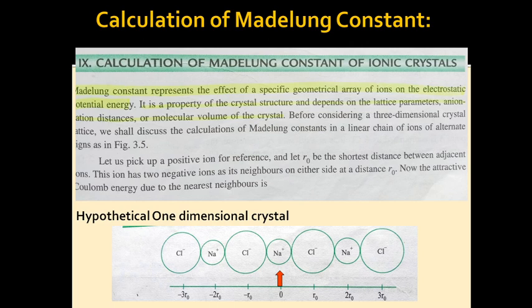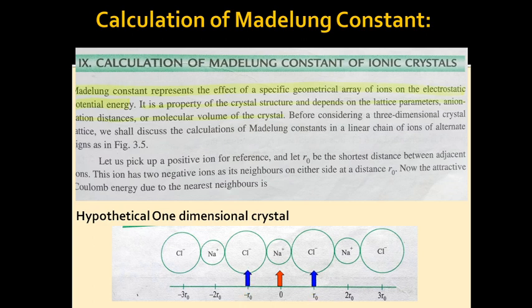So let's assume that and set up our periodic arrangement of the sodium chloride crystal such that the sodium ion is situated at the zeroth position, the origin of the axis.